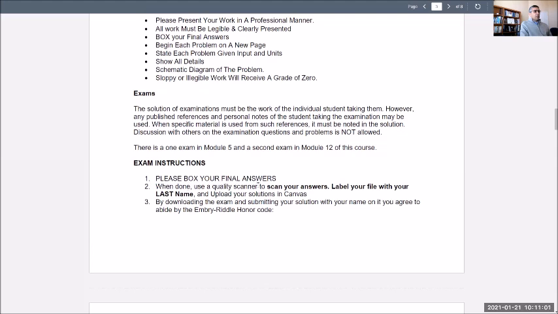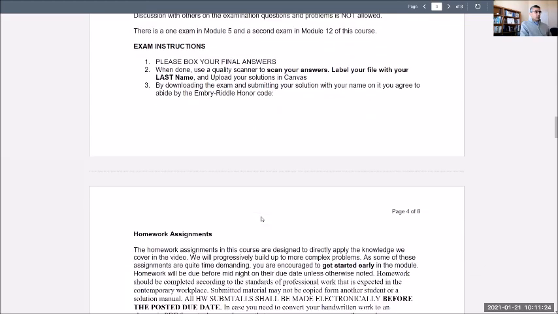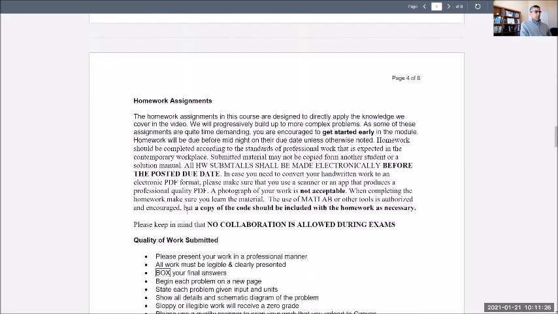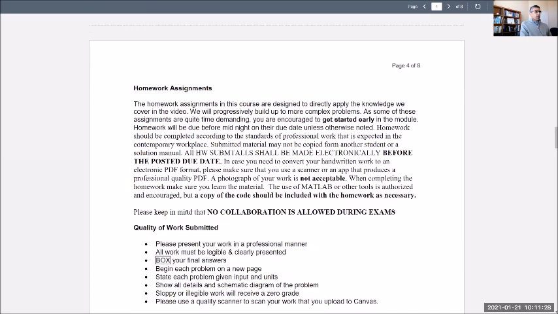When done, use a quality scanner to scan your answer. Label your file, please, with your last name and upload your solution in Canvas. If you're downloading an exam or taking a quiz through Canvas, when you do that and submit your solution with your name on it, you agree to abide by the Embry-Riddle honor code. And of course, you can review the Embry-Riddle academic policy again.